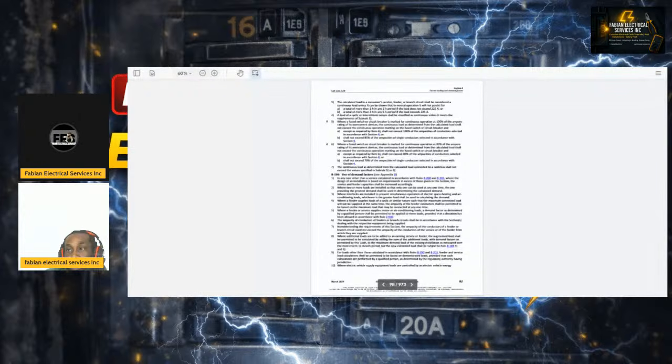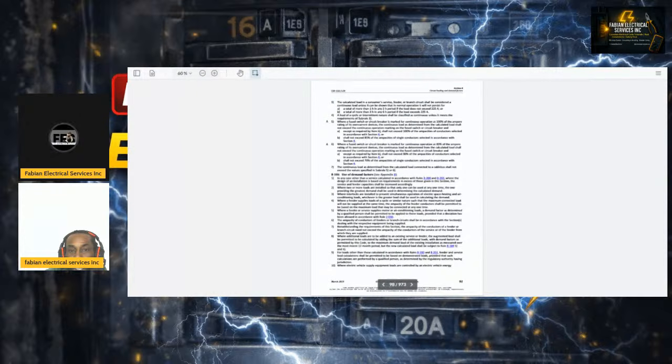Where a fuse, switch or circuit breaker is marked for continuous operation at 100% of the ampere rating of its overcurrent device, the continuous load as determined from the calculated load shall not exceed the continuous operation marking on the fuse, switch or circuit breaker.